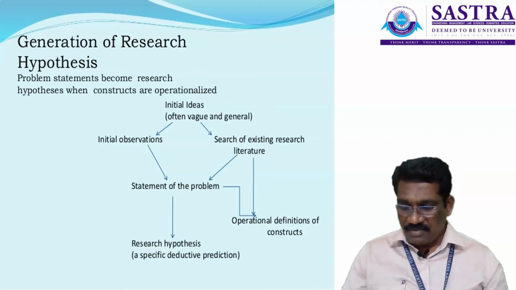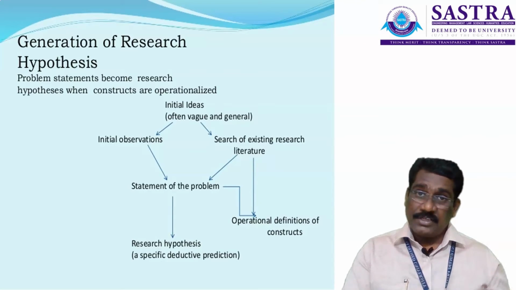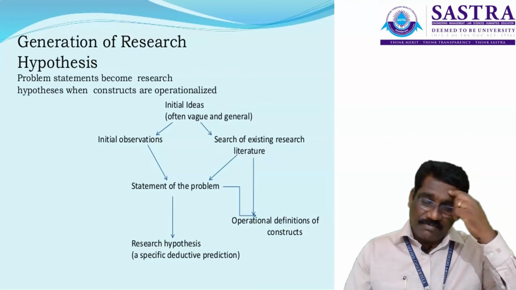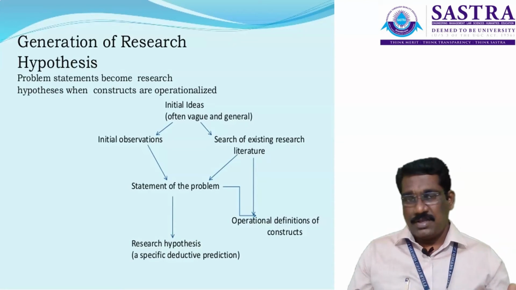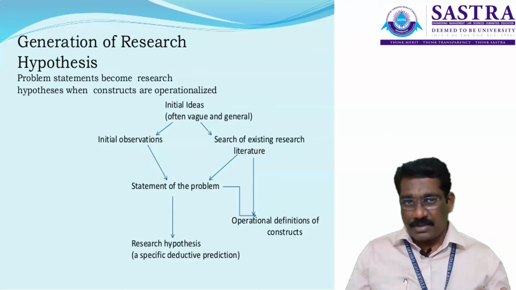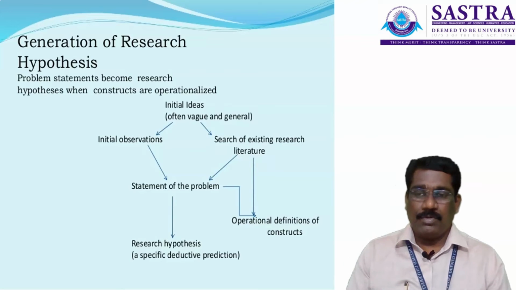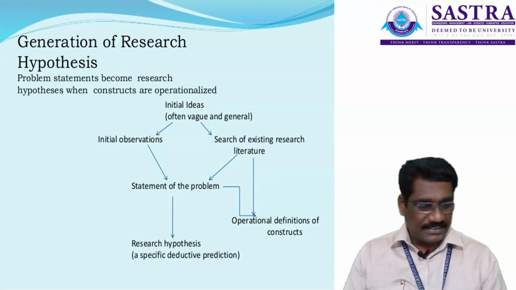Or do convenience and loyalty have any kind of relationship or not? Like that, we need to test these factors of that particular construct so that we can prove whether the claim of our hypothesis is true or not through the statistical test. Okay.